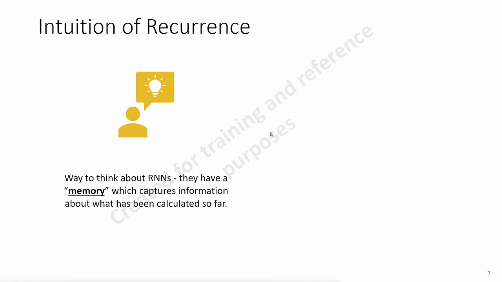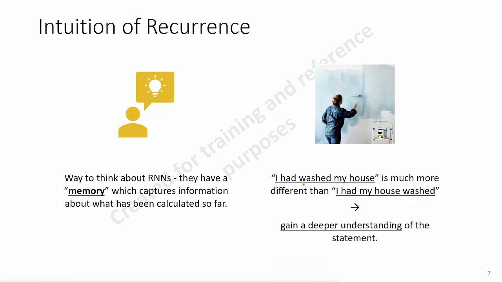Why do we need recurrence? Let's take an example. One of the reasons is we need to build memory, or in other words, recurring context for a given sequence. Take the sentence, "I had washed my house."